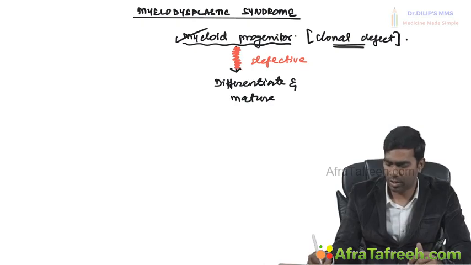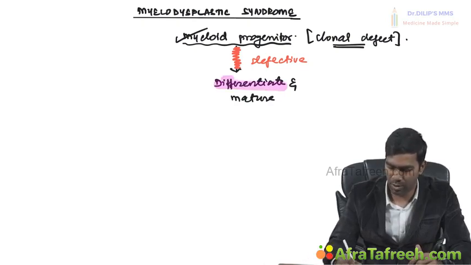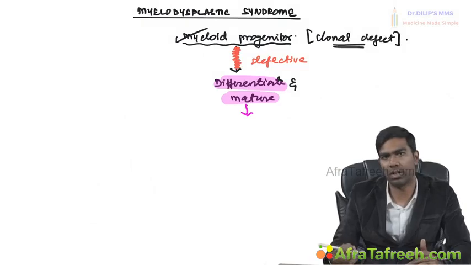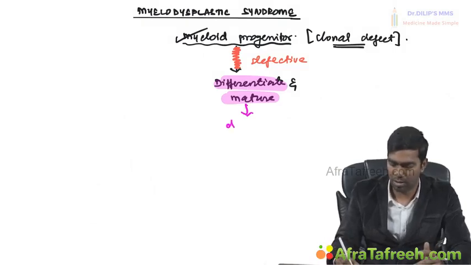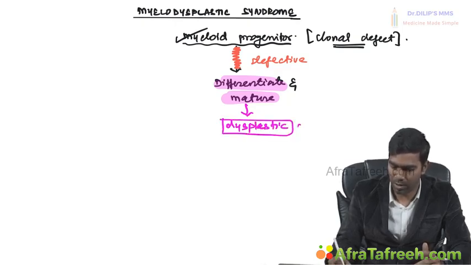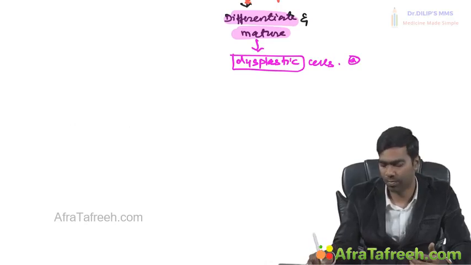What is really going to happen is they do differentiate and mature, but they do so with so much difficulty, and the mature cells that are produced are dysplastic. They are abnormal cells with abnormal shapes and abnormal constitution, and they do not mature properly. They have a block in the maturation. That is what we call dysplastic cells, which is a key feature of myelodysplastic syndrome.